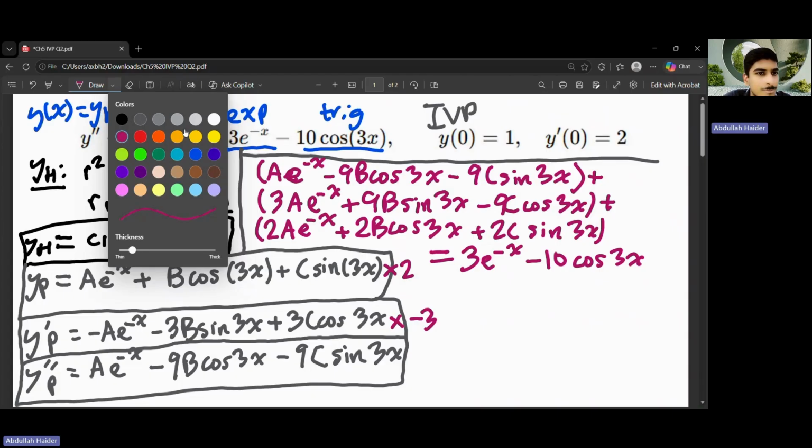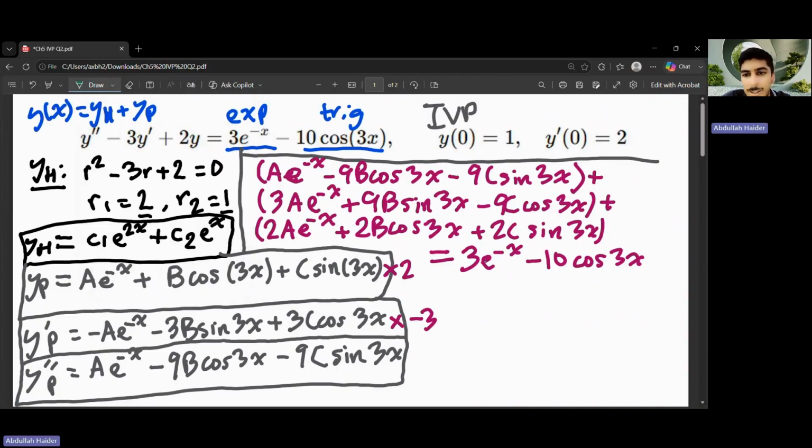Now we equate the same terms. So we have 3e^(-x). We can add these and equate it with this.